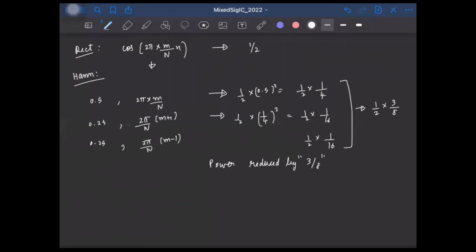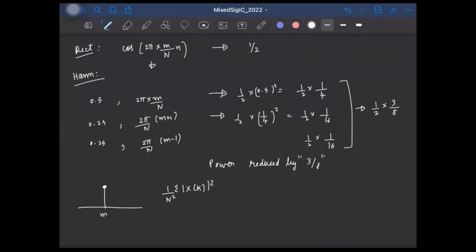Okay. So with the rectangular window, when the signal was falling on a bin, you would have just got one impulse at bin m, right? I'm just showing only one positive half of the frequency. I'm not showing the other impulse at n minus m. Fine. And to find the power, what we have to do? Well, in the last lecture, we saw that we can compute the power using this formula, right?